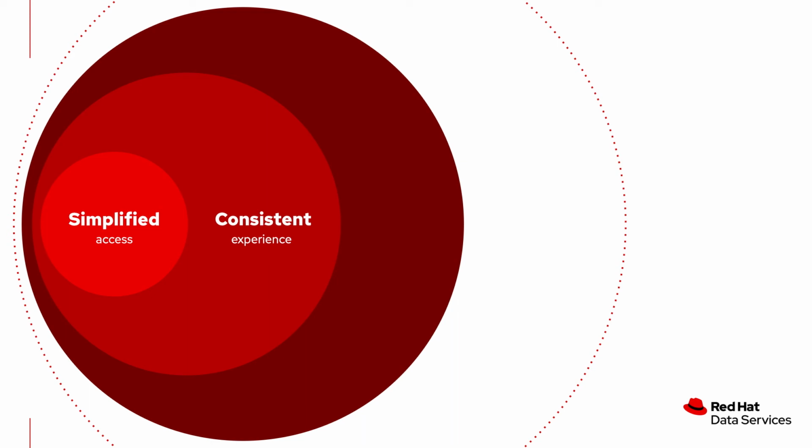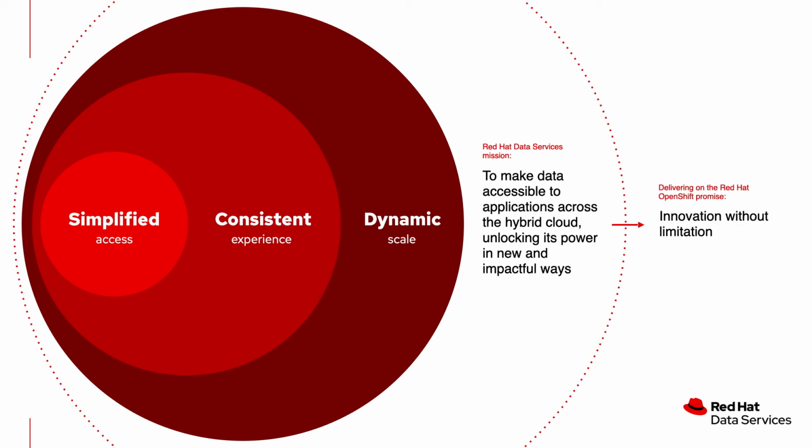It doesn't matter if you run on-prem or in public cloud or in a different public cloud or hybrid cloud, you will always have the same consistent experience. And one of the things with OpenShift Data Foundation is that it is very dynamic at scale and it can run at huge scales also. So we make data accessible to applications across hybrid cloud, unlocking its power in new and many impactful ways. And this enables our users to practice innovation without limitations.